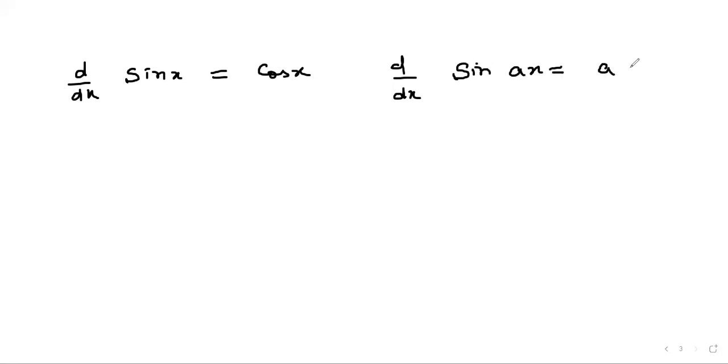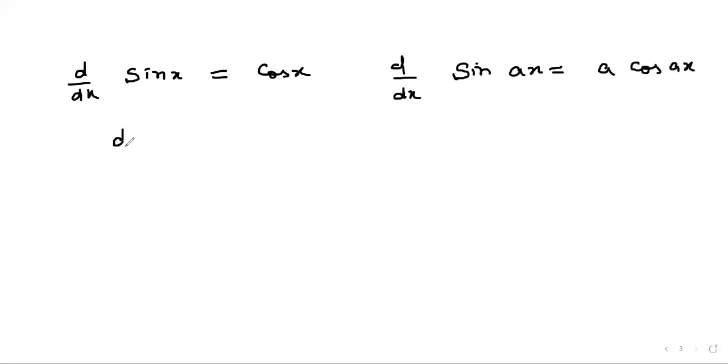D upon dx of sine x gives cos x. This is a basic formula. Now, d upon dx of sine ax gives a cos ax.